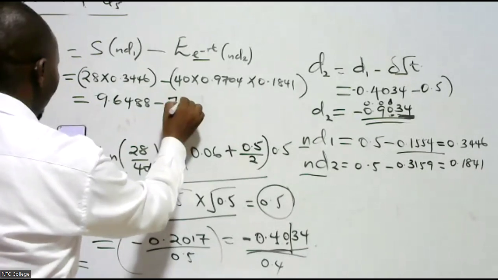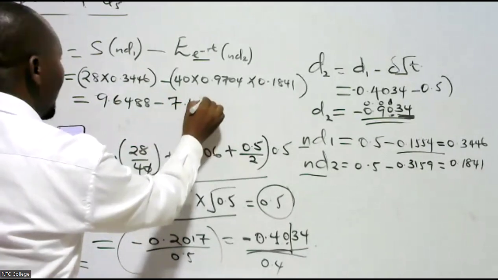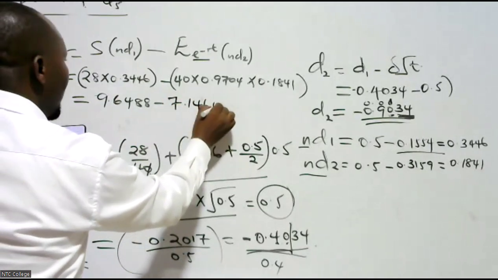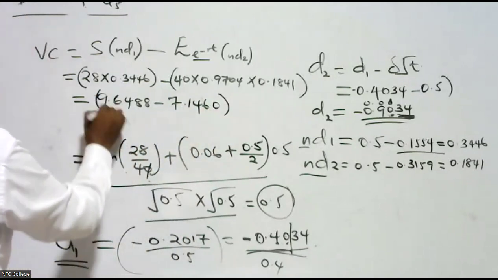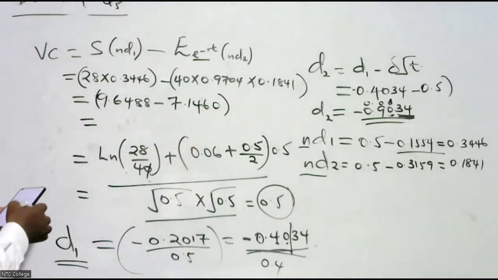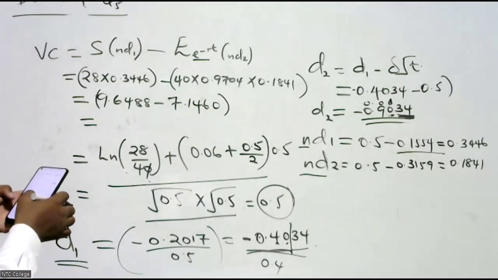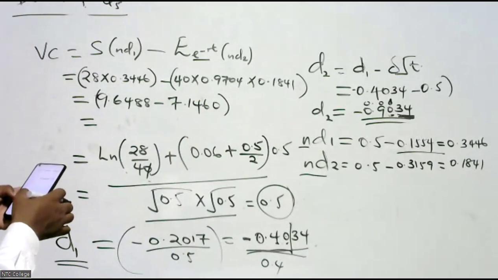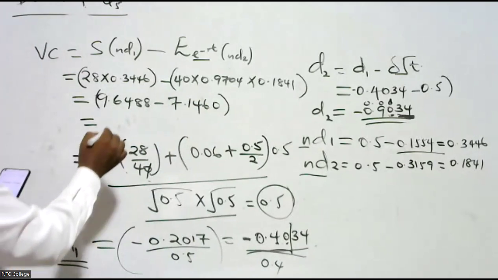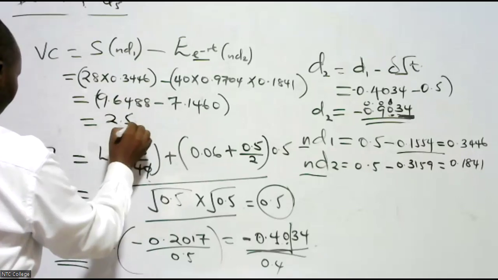So that's 7.1460. So that is 9.6488 minus 7.9460, which gives 2.5028.